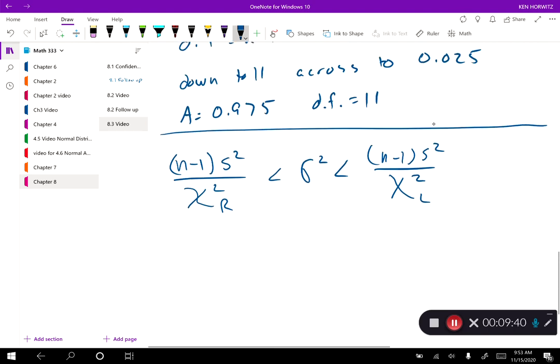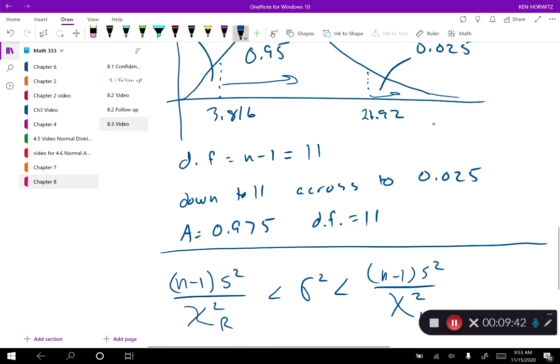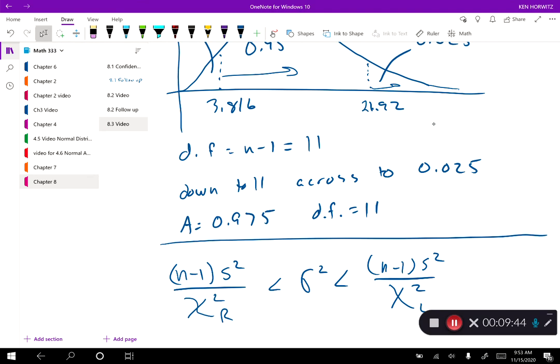Now you might say this looks a little strange because on the left side of my equation, I'm doing the chi-square right value. So let's think about it for a second. It's not necessarily a proof. It is just a little bit of logic behind it. The left side of my inequality, I want to be a smaller number, correct? So I want the low number to be here, and I want the high number to be here.